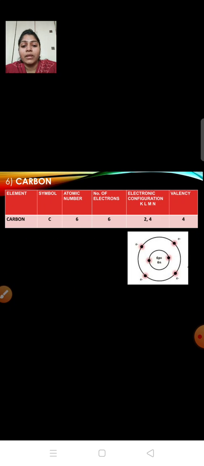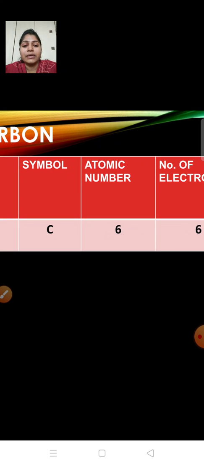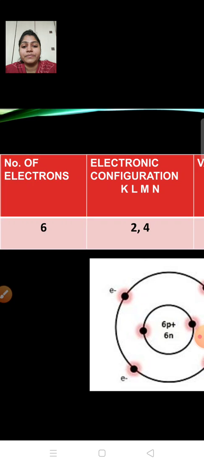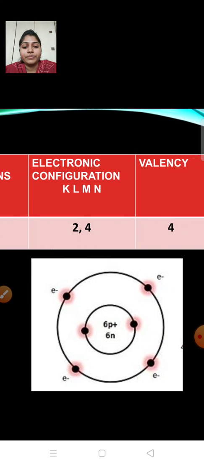The next element is carbon. The symbol of carbon is C. Atomic number 6. Number of electrons 6. Now electronic configuration: out of 6, 2 electrons will occupy K shell and the remaining 4 electrons will be occupied by L shell.